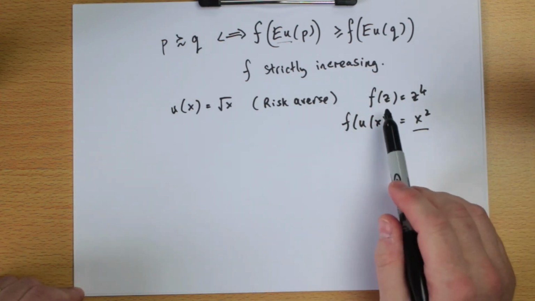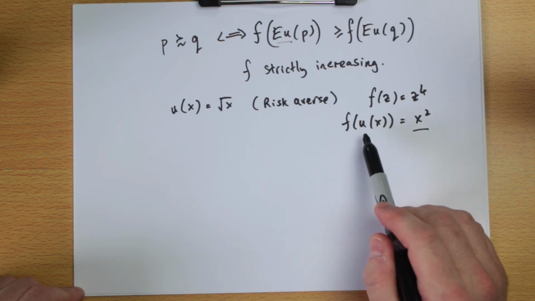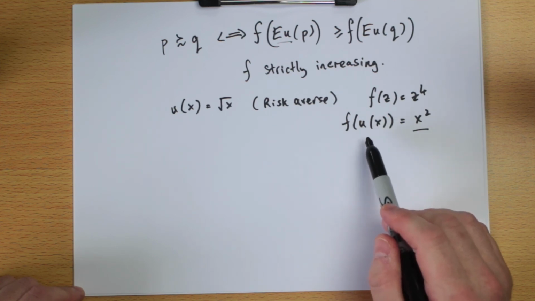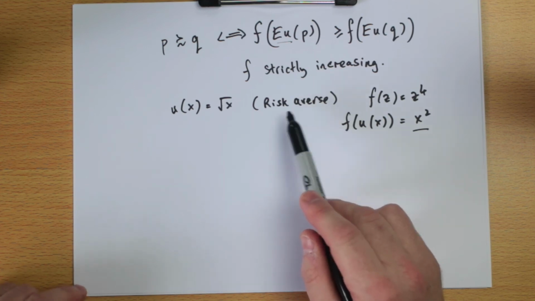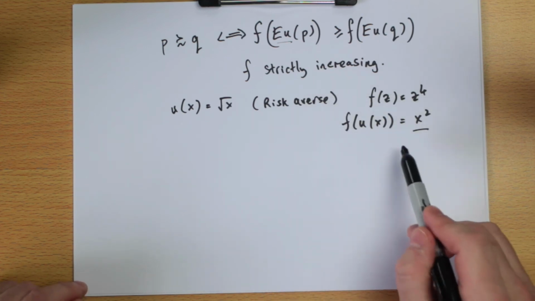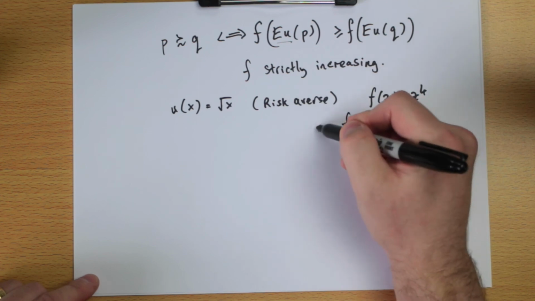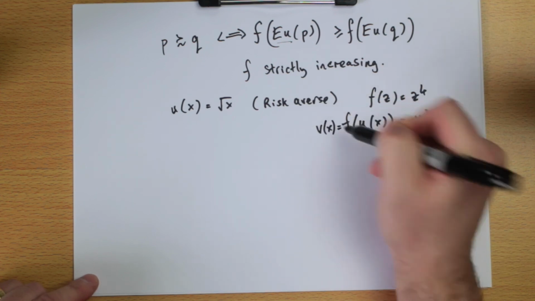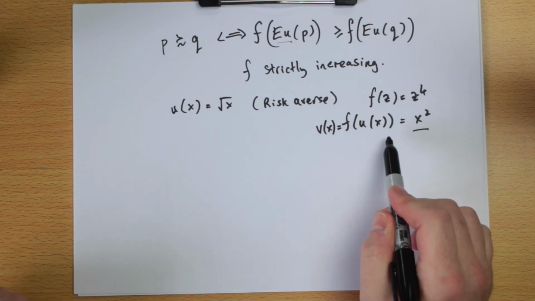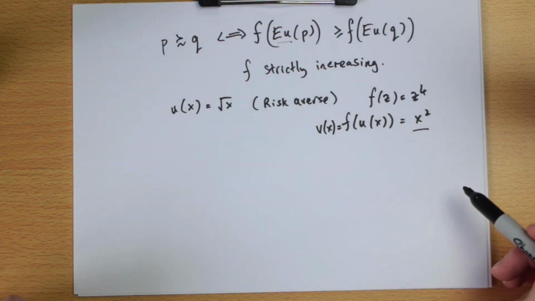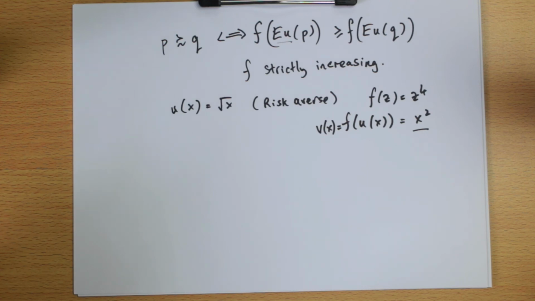So just by transforming the von Neumann-Morgenstern utility function, I started by talking about the preferences of a risk-averse decision maker, and now it's suggesting, so if I let v of x, a different utility, be this, the von Neumann-Morgenstern utility function, when used to calculate expected utilities, gives a risk-seeking attitude. This is not the same decision maker, okay?